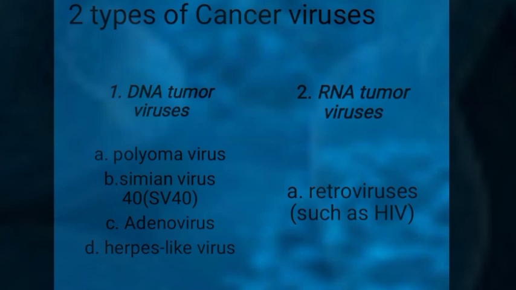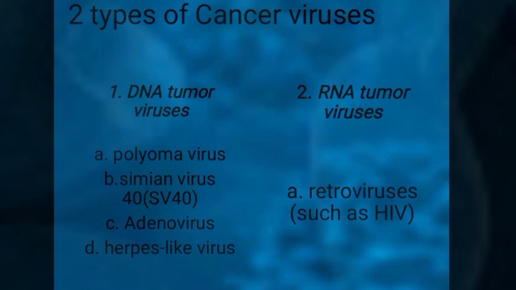First is the DNA tumor viruses. Under DNA tumor viruses is polyoma virus that causes leukemia, the cancer of blood and bone marrow. It is because of the abnormal or uncontrolled growth of cells.